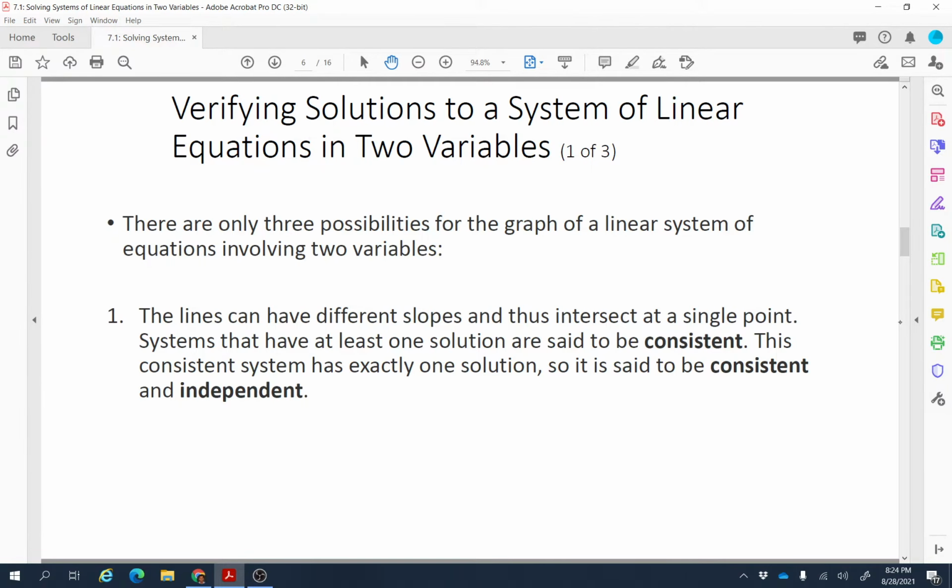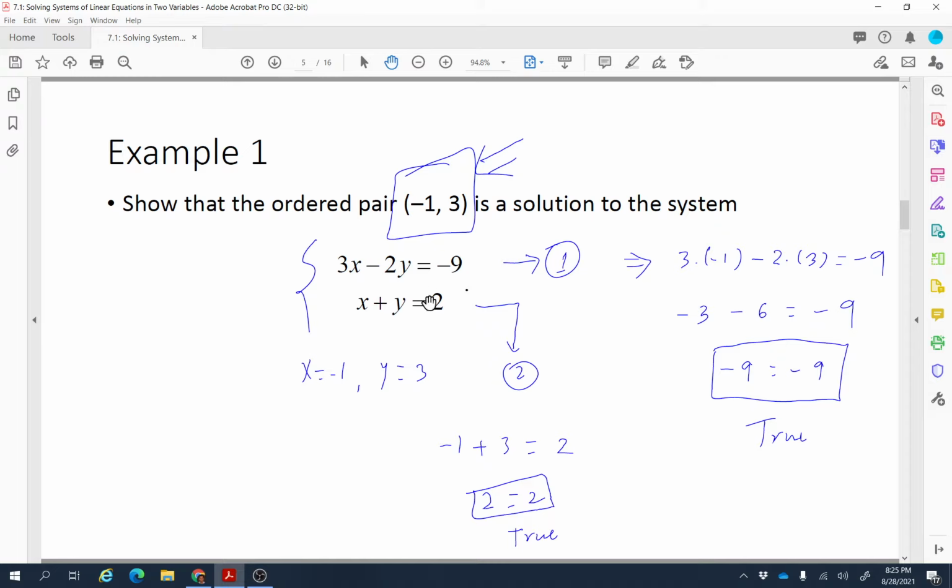Okay, so verifying a solution to a system of linear equations in two variables. When we try to verify the solution, there are only three possibilities for the graph of a linear system of equations involving two variables. Let's assume this is the system we are given, and if we plot the graph for equation 1 and equation 2, the solution of this system gives you three different conclusions.